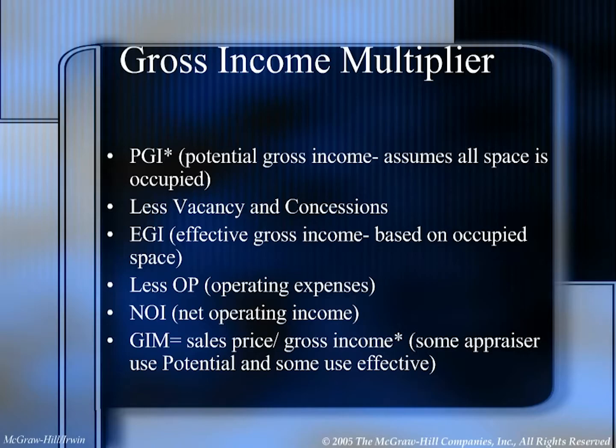Okay, that would be based on your occupied space, and you'd take out your operating expenses, and you would come up with your NOI, or your net operating income. Okay, the gross income multiplier is sales price divided by your gross income. Okay, so some appraisers will use the potential, and some will use the effective here. We could use one or the other.